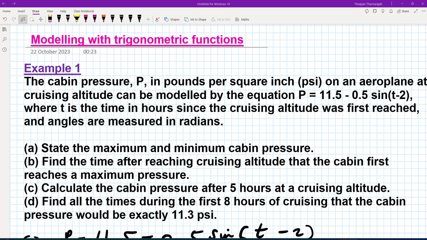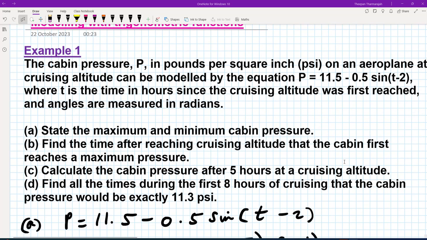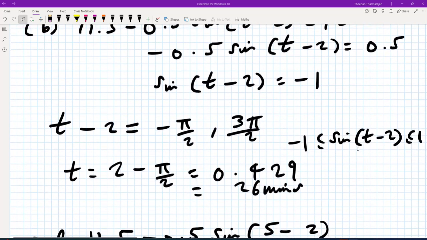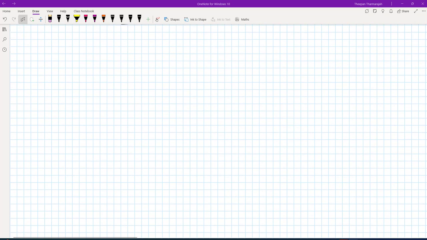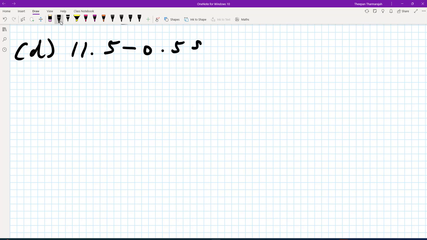Then part D says find all the times during the first 8 hours of cruising that the cabin pressure would be exactly 11.3 psi. So now we're going to do part D here. We've got 11.5 minus 0.5 sine (t minus 2) equals 11.3.